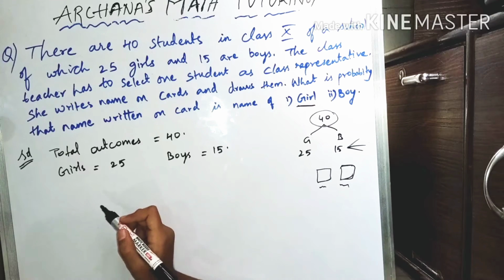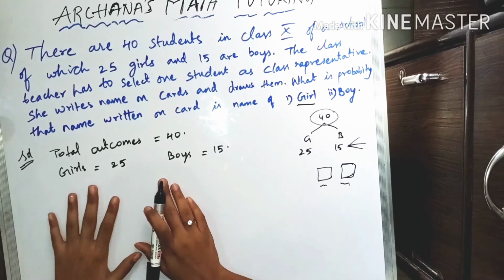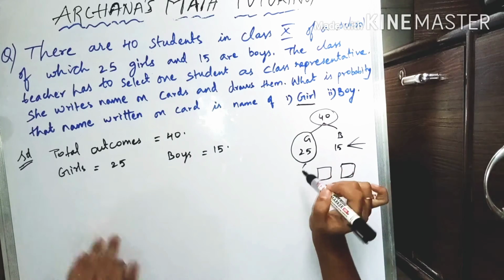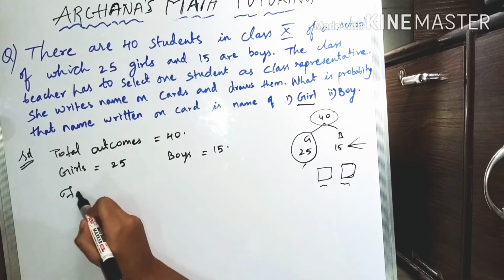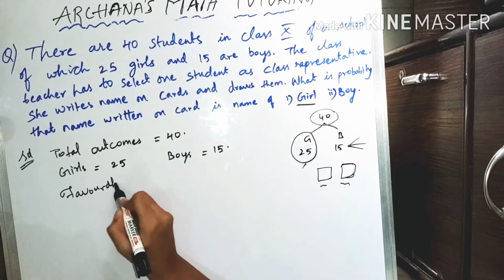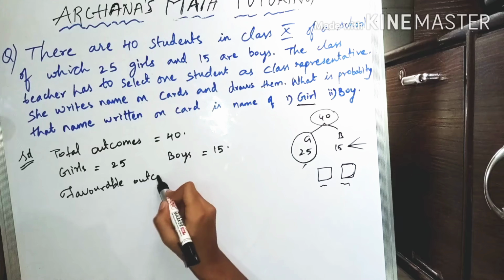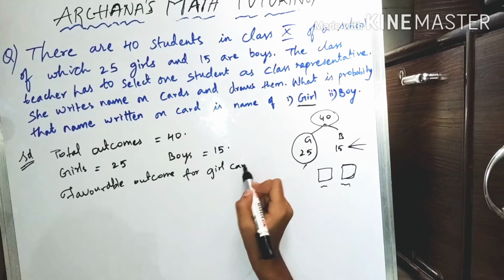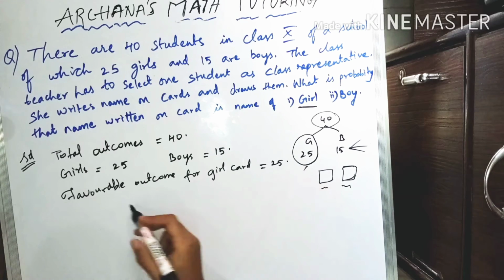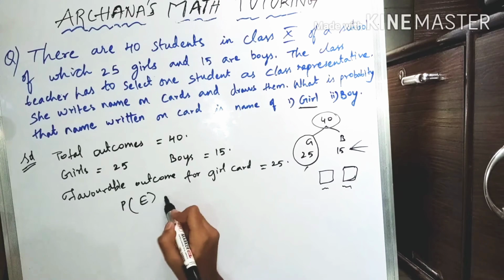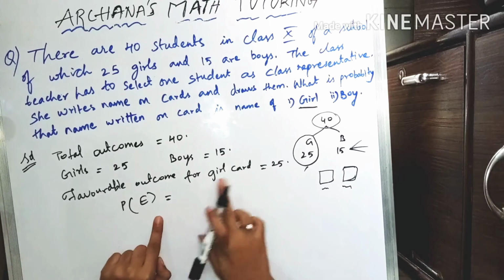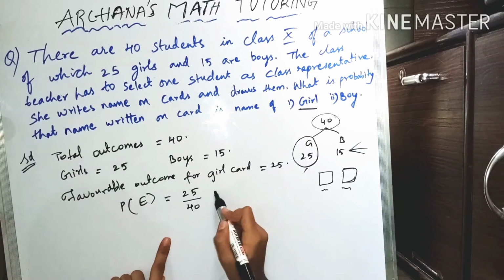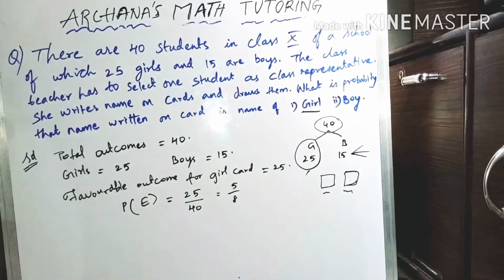So for us to solve this problem, we should understand that if we have to get a girl, the card should be of a girl, then the favorable outcomes for a girl card are 25. So the probability of our event, that is the card drawn is a girl's card, is the favorable outcomes, that is 25, by total outcomes, which is 40. So this is nothing but 5 by 8.